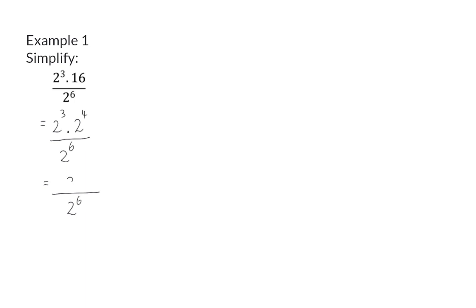And when multiplying, I add the exponents, and here we have 3 plus 4, which will give me 7. Next, I'm going to divide, and I will divide by keeping the base the same and subtracting the two exponents. So that will be 7 minus 6, and my final answer is 2.